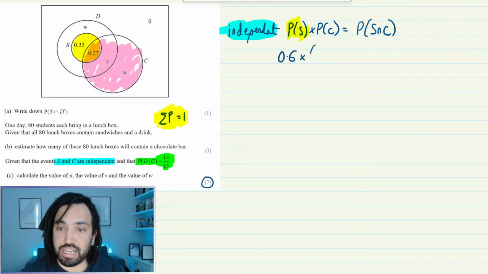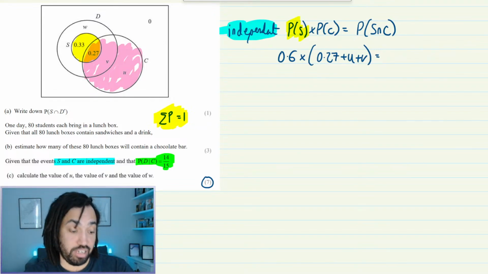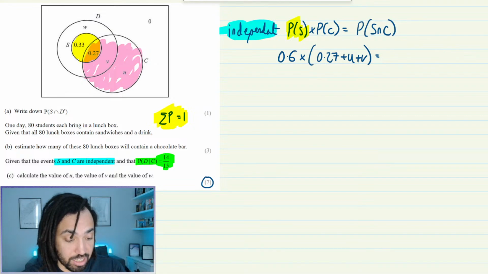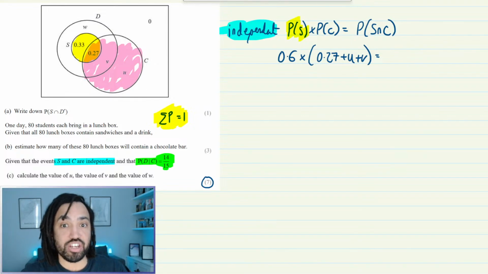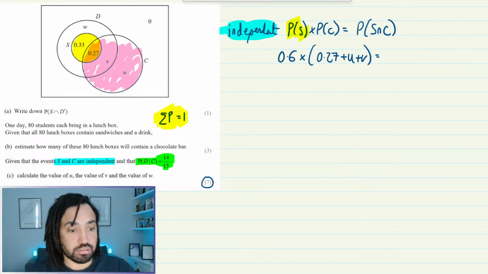So I can write that as 0.27 plus u plus v, and that's equal to the intersection. So what's great about colouring is that you can actually see really clearly where the intersection is there. Where do these two sets meet? What's the value of the intersection there?